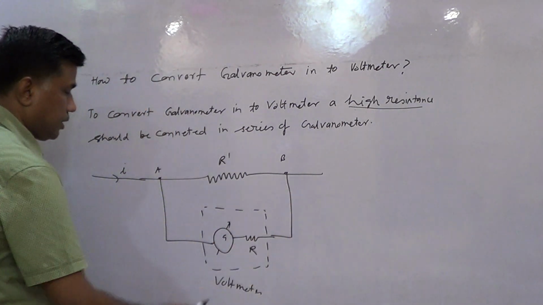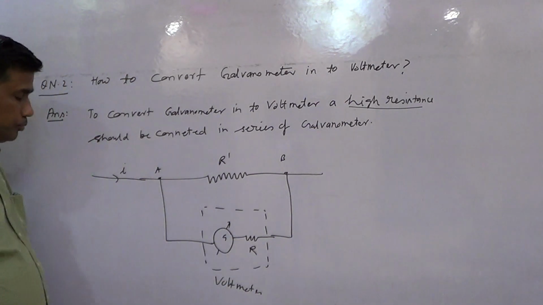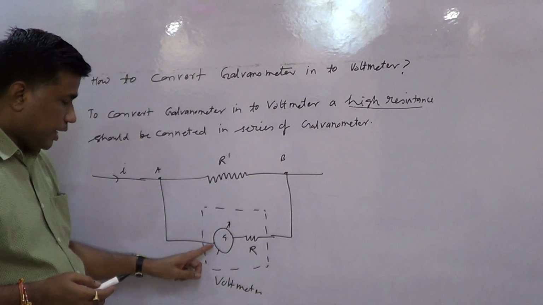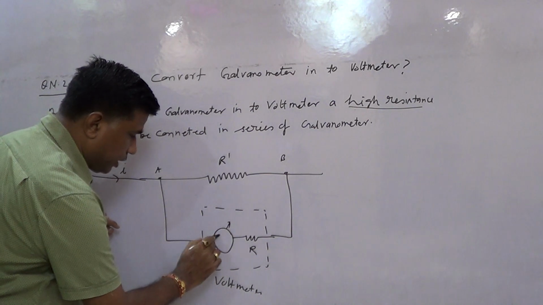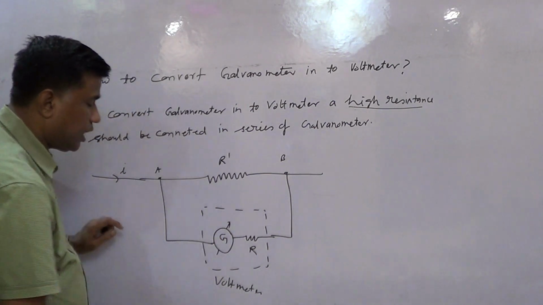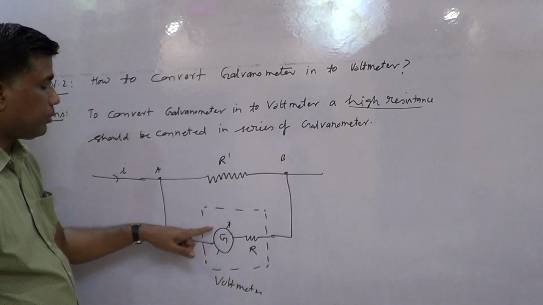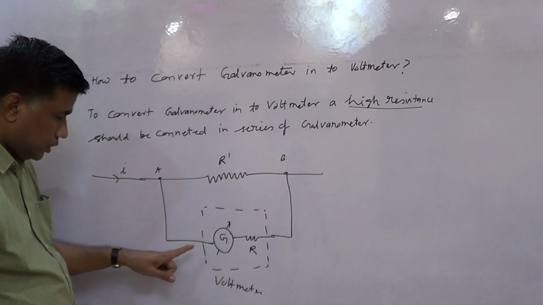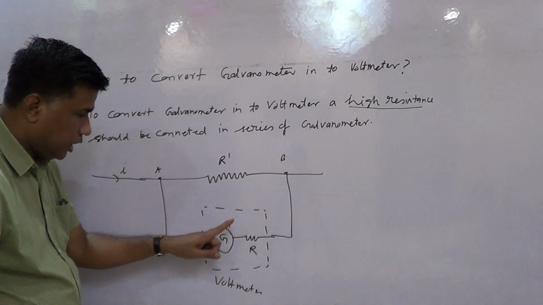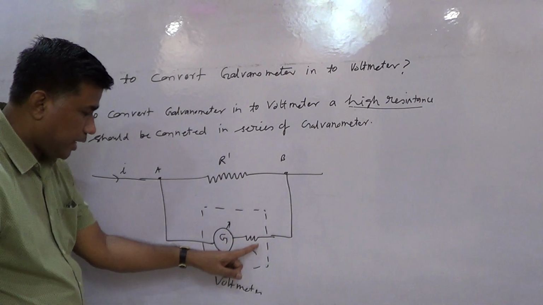So the answer is written here. This is the symbol of galvanometer, as well as the value of the coil resistance G inside the galvanometer. To convert this galvanometer into voltmeter, I have added a high resistance.